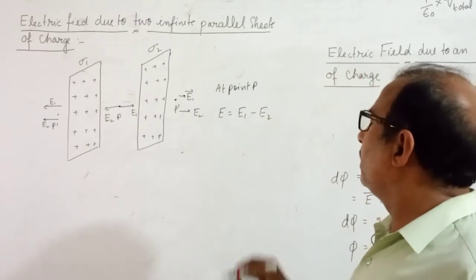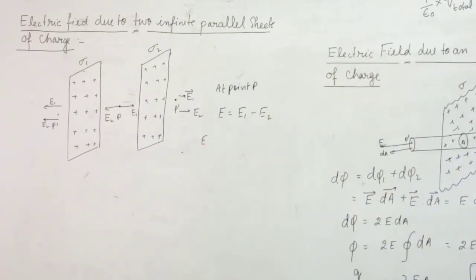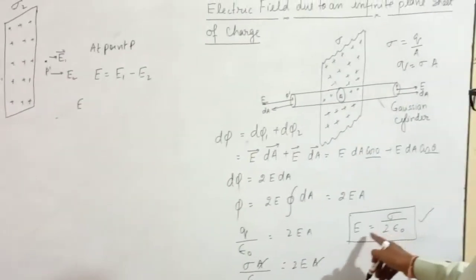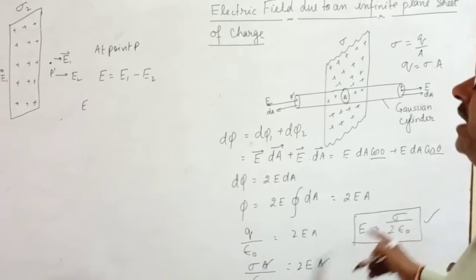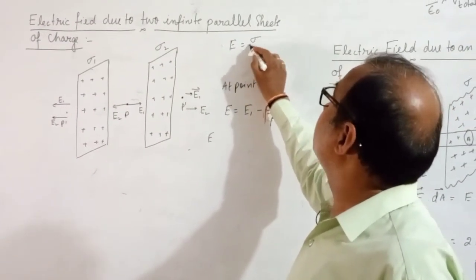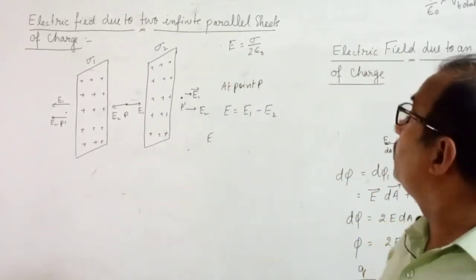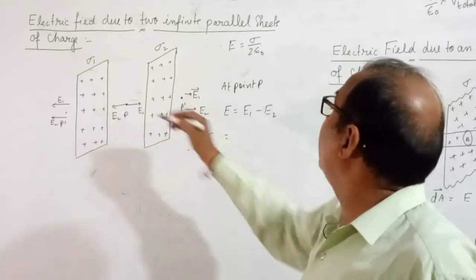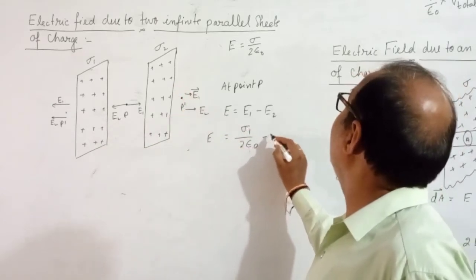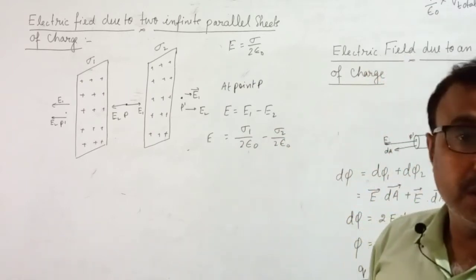But what is E1? E1 you already found. E equal to sigma upon 2 epsilon naught. Intensity of electric field due to a sheet is sigma upon 2 epsilon naught. You already found it out. So here you can put E1 as sigma 1 upon 2 epsilon naught minus sigma 2 upon 2 epsilon naught.